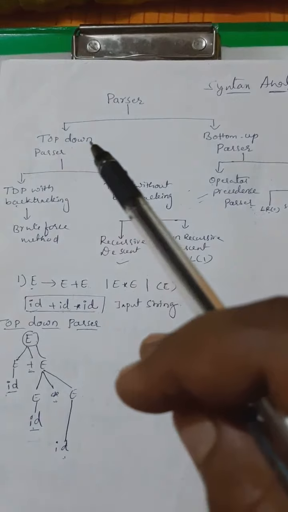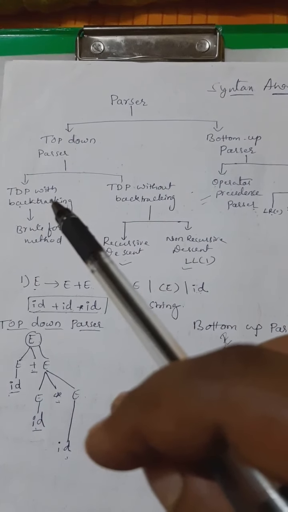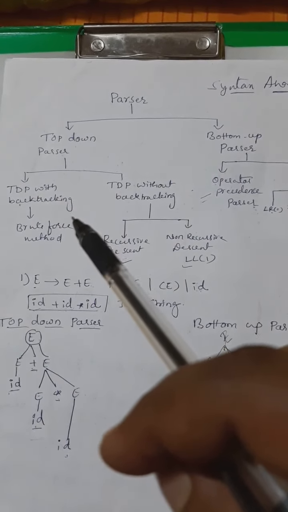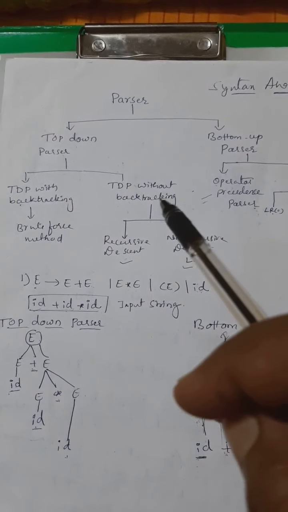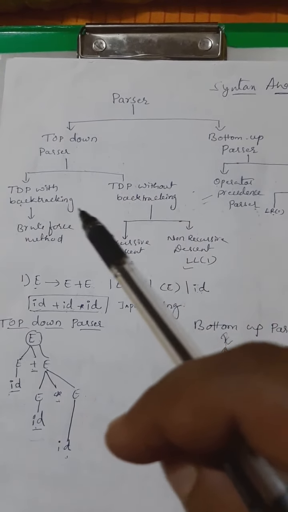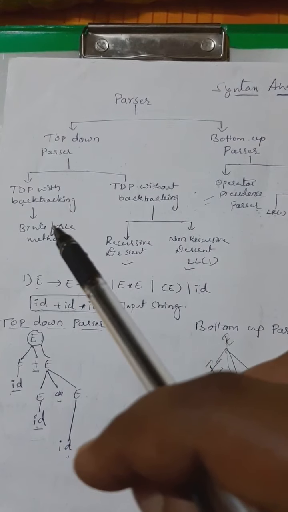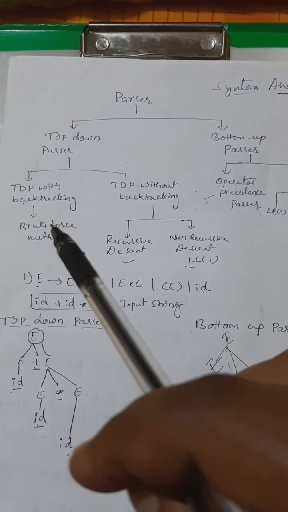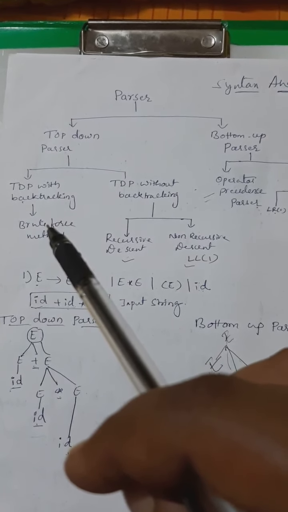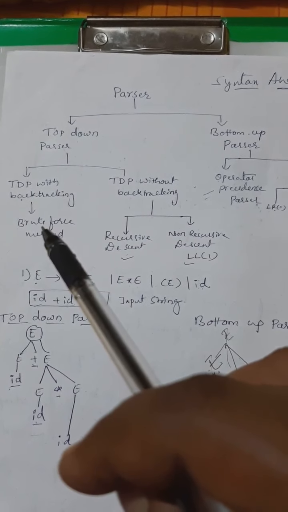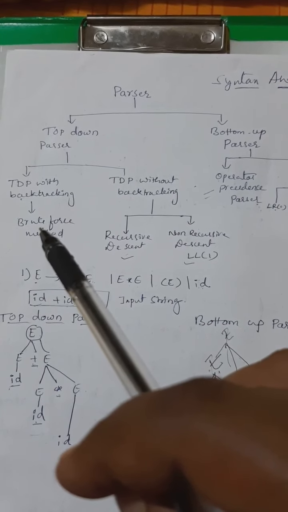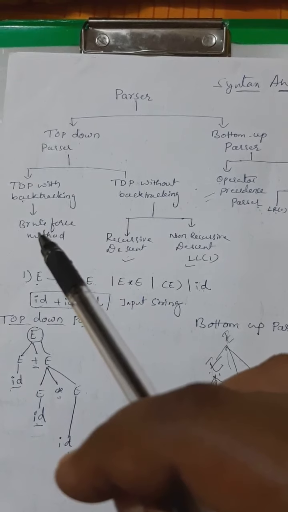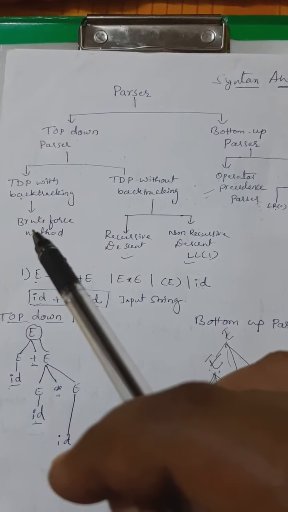The top-down parser is again divided into two methods: top-down parsing with backtracking and top-down parsing without backtracking. In top-down parsing with backtracking, we select one option to parse the given input string, and at the end we come to know that this option will not successfully parse the input string.